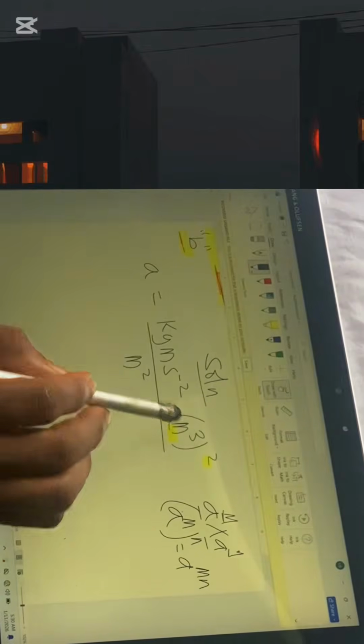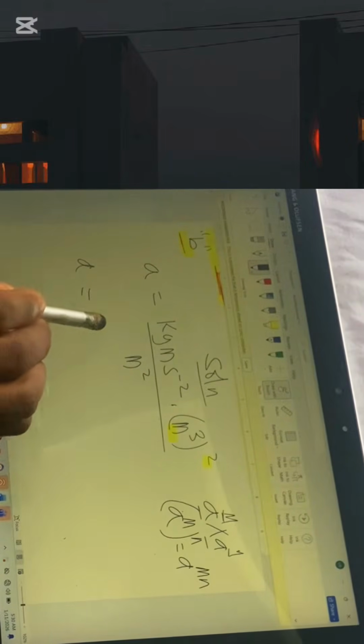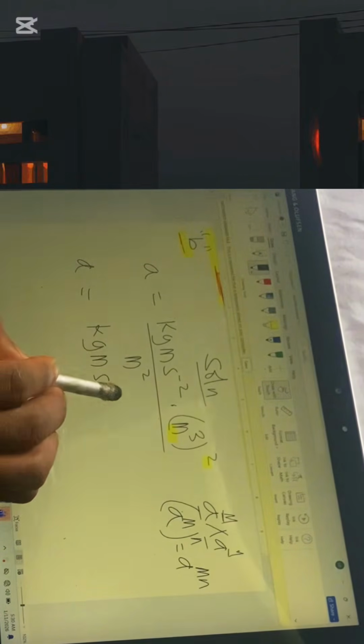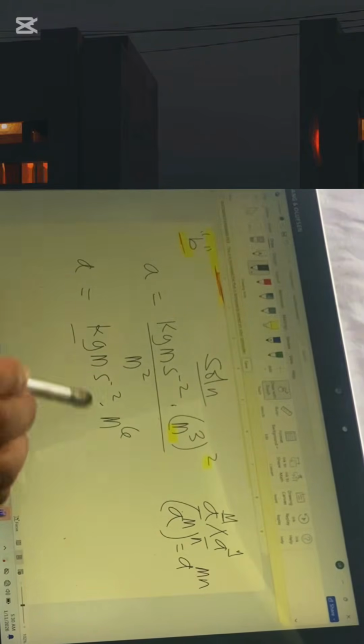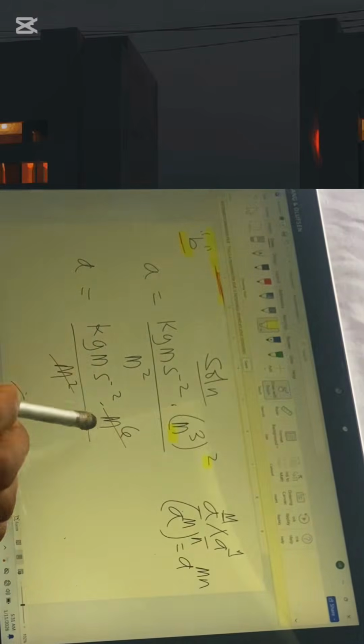So apply the same thing here. A is equal to kg meter per second square times meter raised to 6 over meter square. So class, this guy will cancel this guy here. I'll be left with m raised to the power of 4 here.